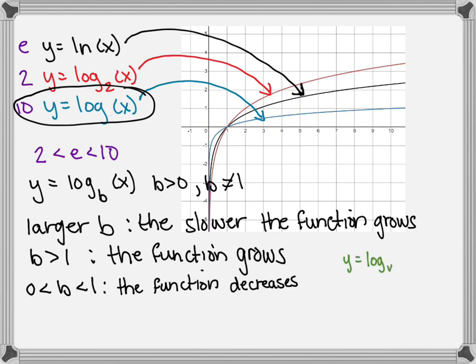Let's look at what that could look like. So if I took a base that was between 0 and 1, let's look at base 1/2. So y equals log base 1/2 of x. I still have an x-intercept at 1, 0. I have the points 2, -1, 4, -2, 8, -3.